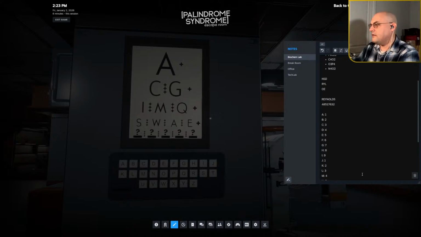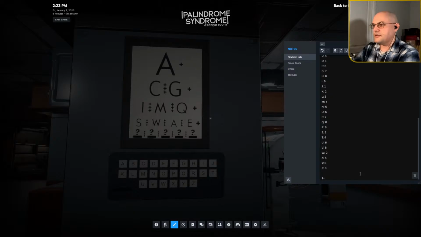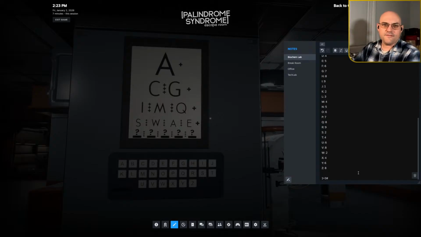So A is 1 plus C is 3. Let me do a different symbol. Let's do a hash sign, shall we? That is going to be our stand-in for the triple plus.